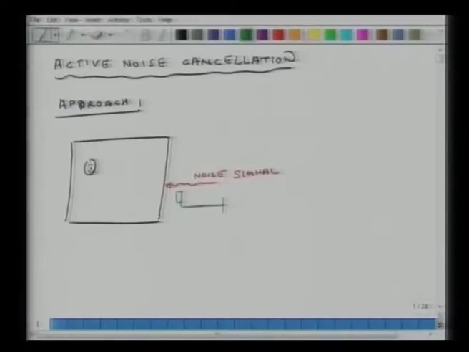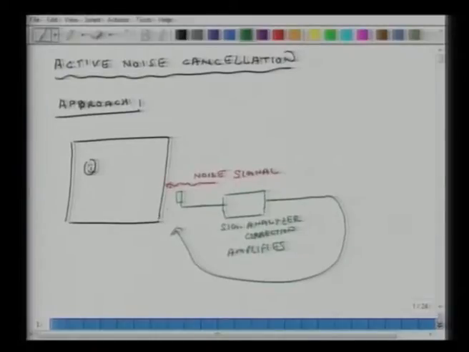and send the signals to a box which could be a combination of a signal analyzer and signal processor, or a signal analyzer and corrector. It also generates correction signals, and then it amplifies to the appropriate level for every frequency, and then that signal is fed back to a transducer.